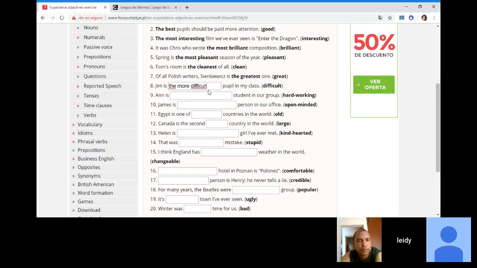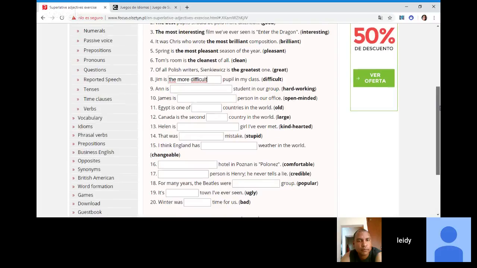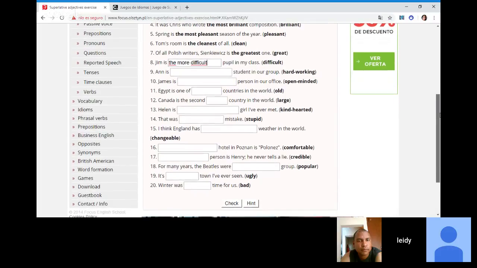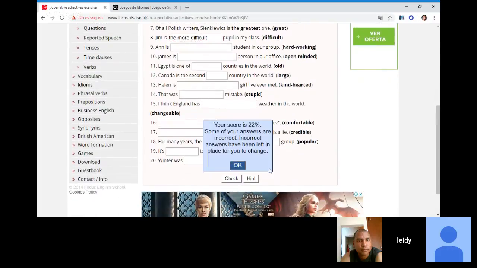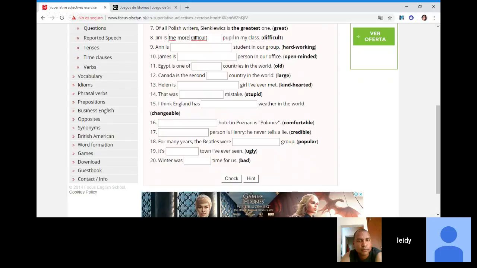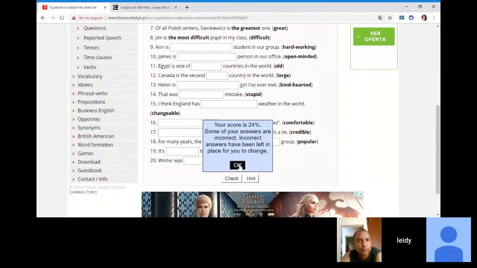Is it okay? No. What is the correct answer? Is it correct when you say the more or the most? The most difficult. Remember that in this moment we are using superlatives. We don't use comparatives, okay? Now continue, Catherine.